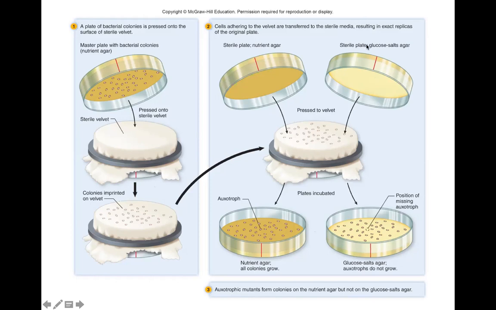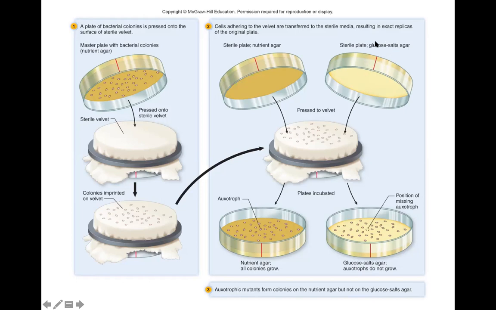Here you have something called your glucose salt agar. You could also call it minimal media. Basically, the only thing it has is glucose and salts. If you're a wild type bacteria, this is enough for you to make all of the macromolecules that you need.